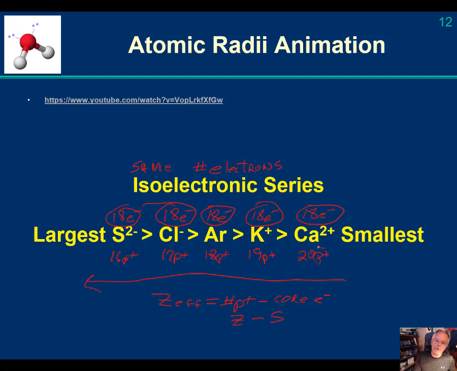But with more protons in the nucleus pulling on the same 18 electrons, calcium pulls those electrons in tighter, and so it makes a smaller radius. Sulfide ion, on the other hand, with only 16 protons pulling on those 18 electrons, lets them drift out further away. So this is an isoelectronic series. The way you figure out which one's smallest to largest: the smallest will have the highest number of protons, and the largest will have the fewest number of protons.